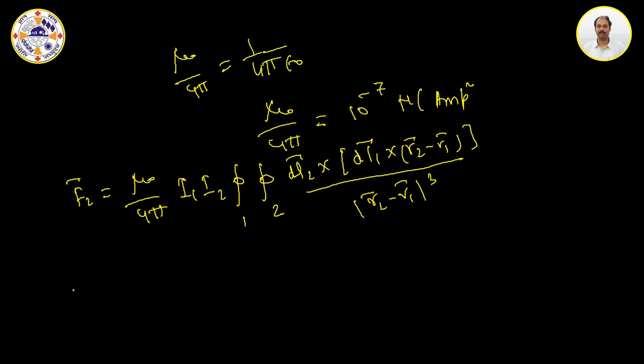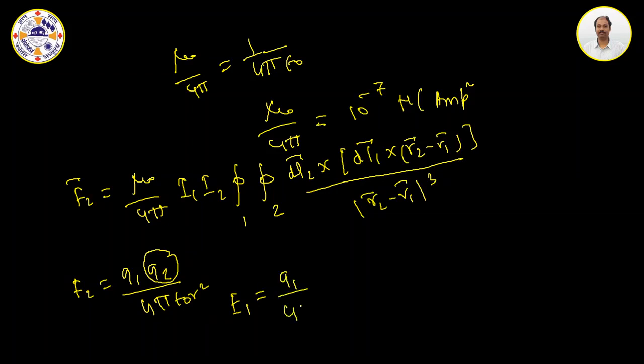Just remember the expression of force in electrostatics, the Coulomb's law: F2 equals Q1 Q2 by 4 pi epsilon 0 r square. This is the force experienced by Q2 due to Q1. So how can we find E1, the field at the position of the charge Q2 due to Q1?